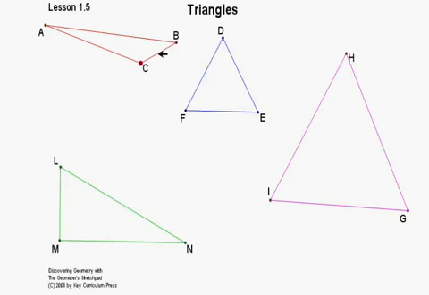So that's a scalene triangle. When you play the video back and look at what happens to this red and blue triangle as I move them around, think about when they become a scalene triangle, when they become an acute triangle, and when they become an obtuse triangle. The only other type of triangle to know about is an isosceles, and that's where you have at least two congruent sides.